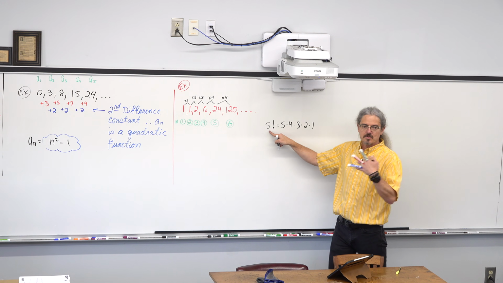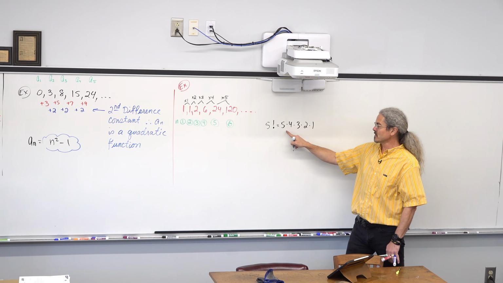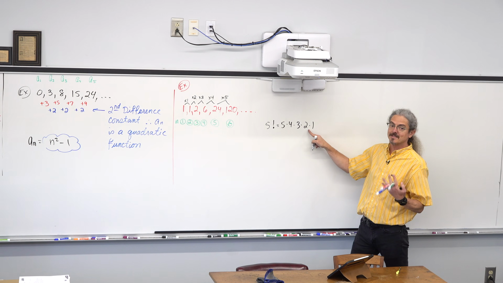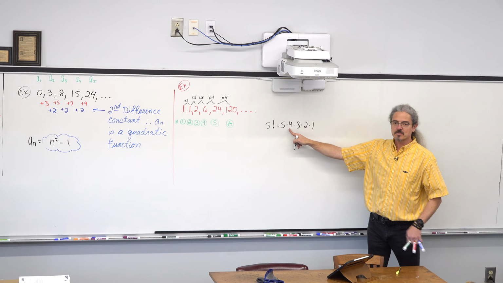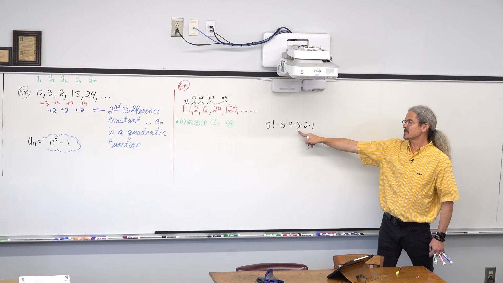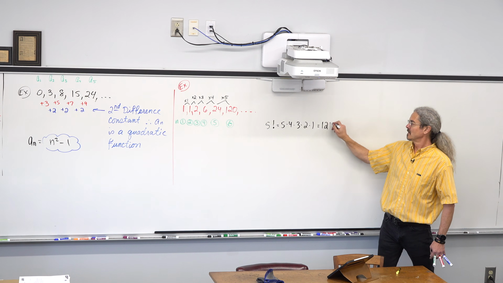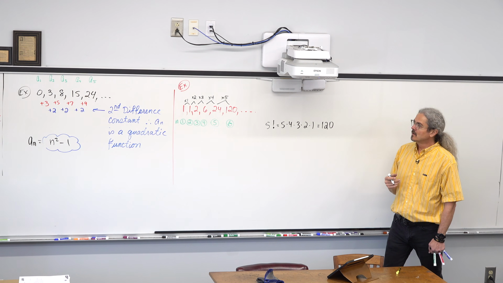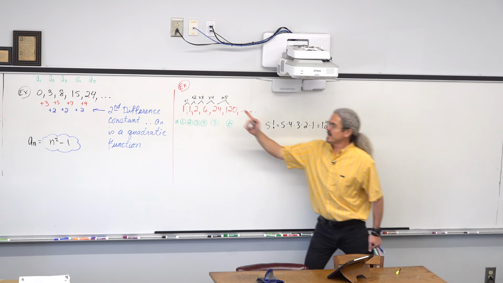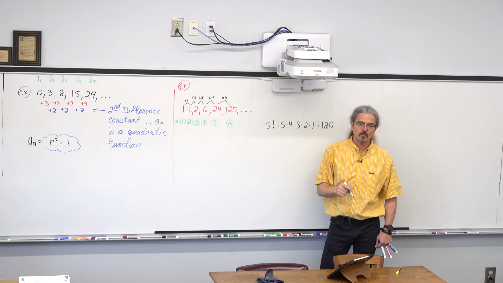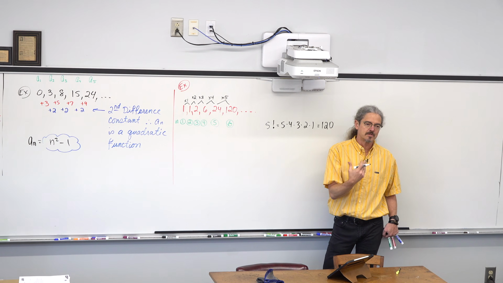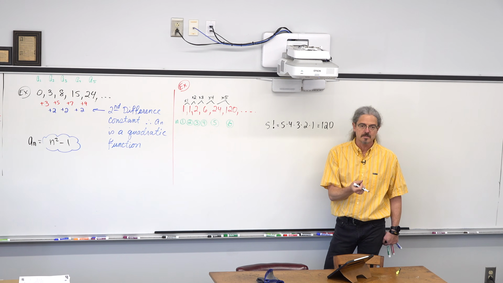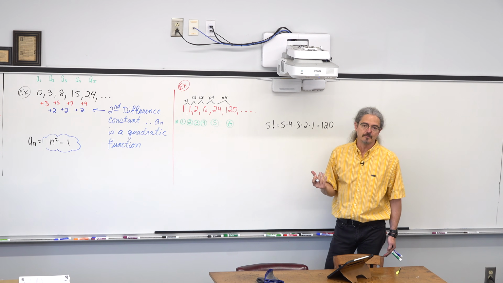When we introduce factorial notation, what we're multiplying by changes by 1 and we count down, not up. But 5 times 4 is 20, times 3 is 60, times 2 is 120. So we have a repetitive pattern of multiplication, but we're not multiplying by the same number over and over again like we would do with a geometric sequence. But we do, that is factorial.